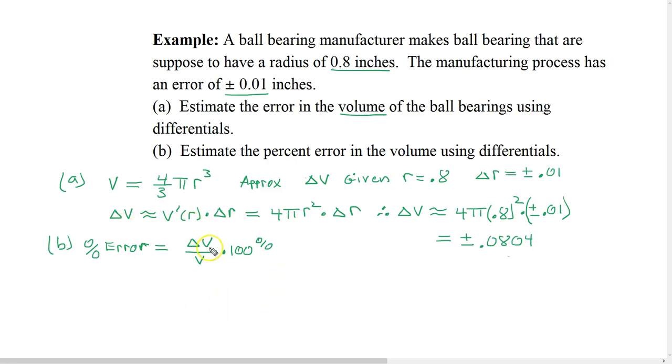So from our result up here, the change in volume is approximately V prime times the change in r. So this will be approximately that, times 100%. Now we just have to plug everything in. V prime is 4 pi r squared times the change in r, divided by, and V is 4/3 pi r cubed.